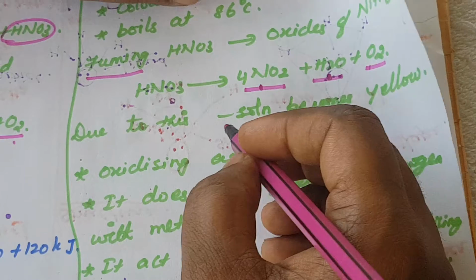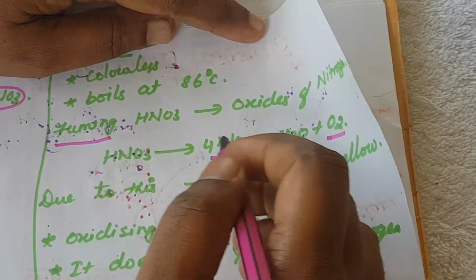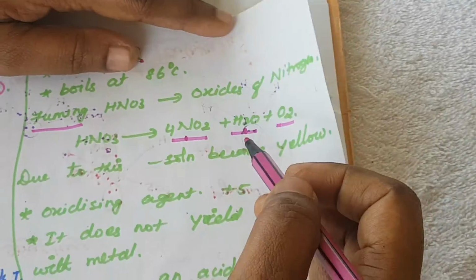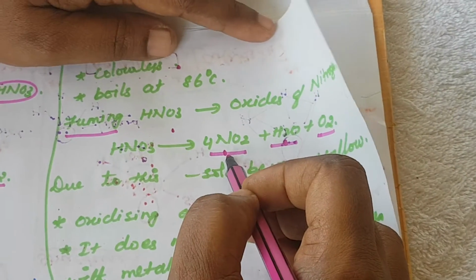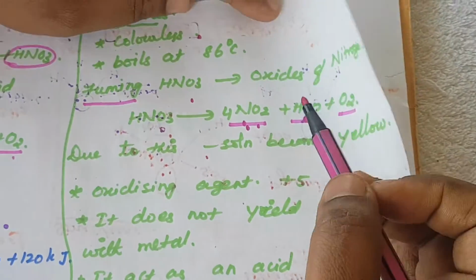Due to this, nitric acid becomes yellow in color. Pure nitric acid is colorless. When the fuming nitric acid starts to decompose into nitrogen dioxide, the solution becomes yellow in color.